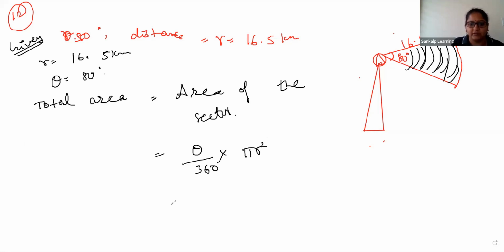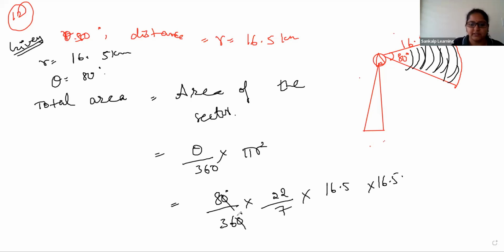Pi r square. What is theta here? What is theta? 80 degree by 360 degree. 22 by 7 into what is r? It is 16.5 into 16.5.